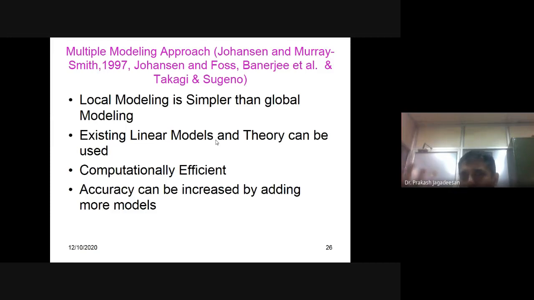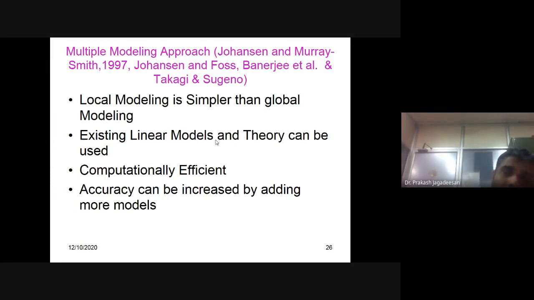Of course, I'm assuming that the relation between input and output is non-linear. So instead of trying to build a single neural network model to capture the dynamic behavior of the system, I'm going to build multiple linear models. Then I'm going to combine those models by assigning suitable weights to each model. As a result, I can capture the behavior of a nonlinear system. So a bank of linear models will be used to capture the dynamic behavior of the system.